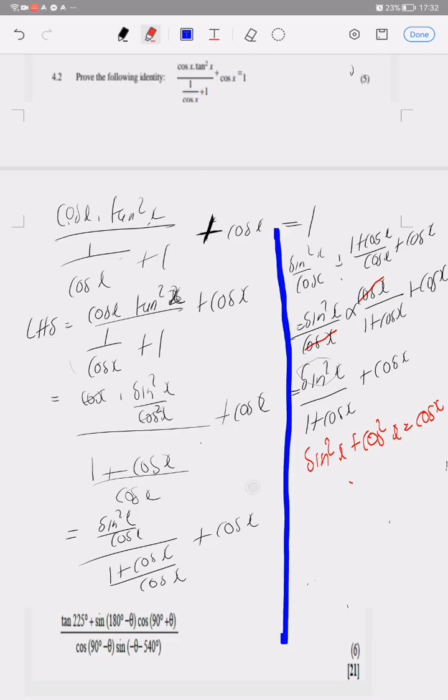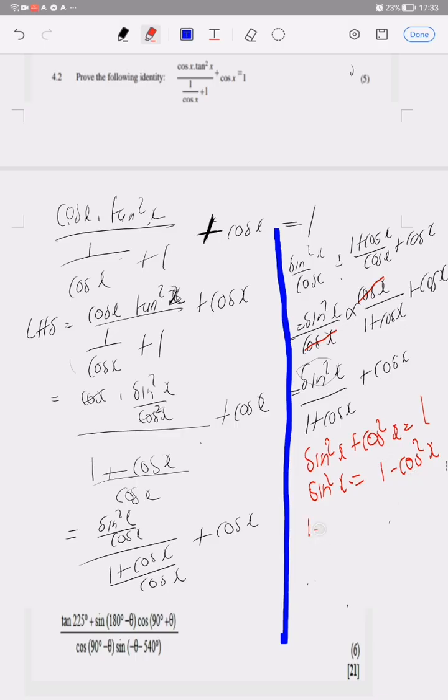All right, let's just do it in 2 ways. So I'm starting from here, right? So I can write this one as, oh, my mistake here. It's 1, right? So I can write sine squared x as 1 minus cos squared x.